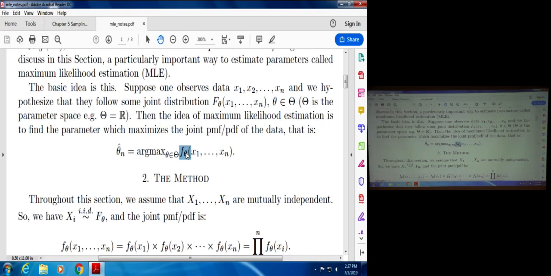So the mechanism we employ is to find the parameters which maximize the chance of seeing our data. This is the idea. Of course, for those of you who are more mathematically inclined, you will ask whether such a maximum exists. The answer is, not always, but in this example, in this short part of the lecture notes, we will see that there exists a solution of this problem.